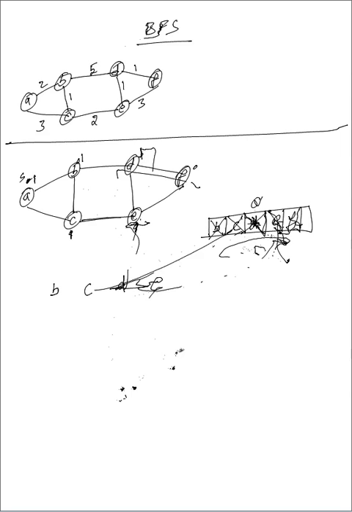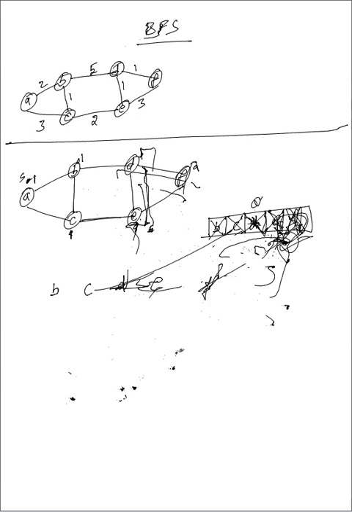Now you remove that. After removing this, you check which is in the queue. F. For F, the adjacencies are D and E. D is already visited, E is already visited. Am I right? So F also we have visited. Make F as visited, as 1. Now no elements are there in the queue. That means you have visited all the vertices of the graph.